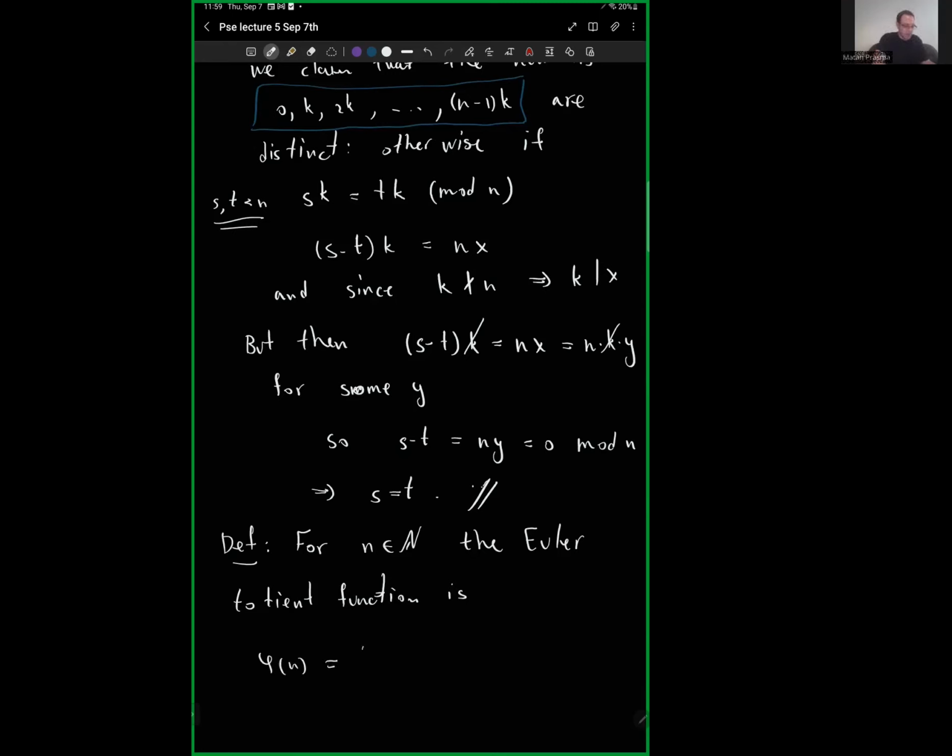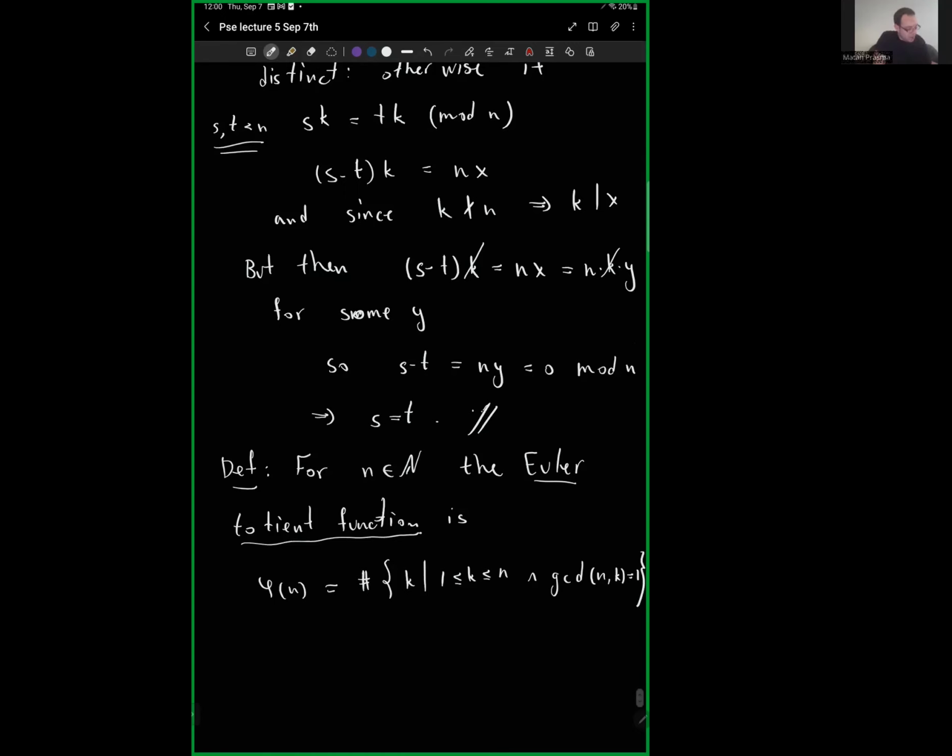It's the number of all elements k such that k is bigger or equal to 1, smaller or equal to n, and GCD of n and k is equal to 1. This is something you can find on the internet, or there is a Sage method that computes the Euler totient function.